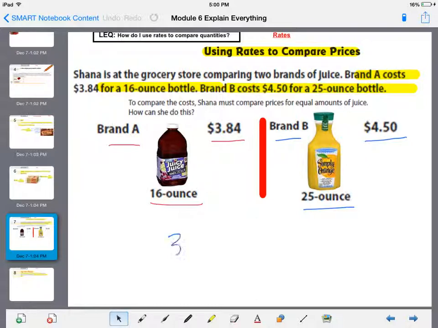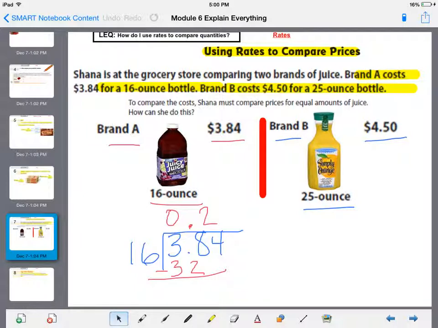We're going to pay a total of $3.84, and we're going to divide that by 16 ounces, and that will help us determine how much we're paying per ounce. We're going to go ahead and bring up this decimal point. That is the rule to dividing a decimal by a whole number. 16 does not go into 3, but it does go into 38 2 times, and 16 times 2 will get us 32.